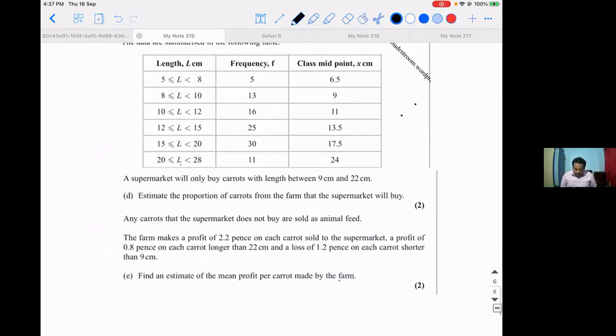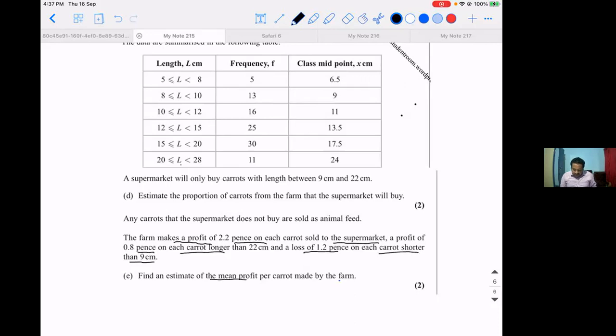It's very simple, because this is about finding the money generated, or the profit generated from this. A farm makes a profit of 2.2 pence on each carrot sold to the supermarket, a profit of 0.8 pence on each carrot longer than 22 centimeter, and a loss of 1.2 pence on each carrot shorter than 9 centimeter.